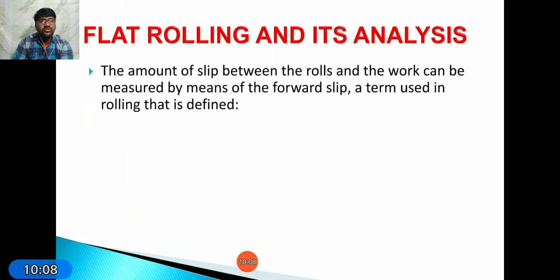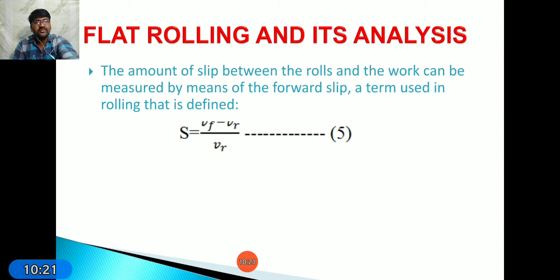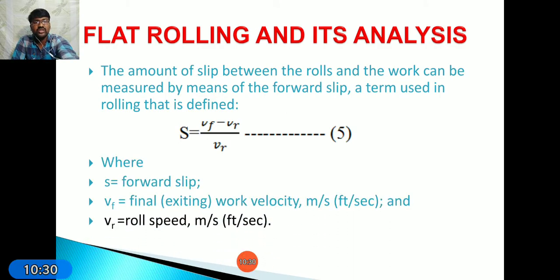Next, the amount of slip between the roll and work can be measured by means of forward slip, a term used in rolling that is defined as S is equal to Vf minus Vr by Vr, where Vf is the final velocity, Vr is the roll surface velocity, and S is the forward slip. Based on that, we will calculate the slip value.